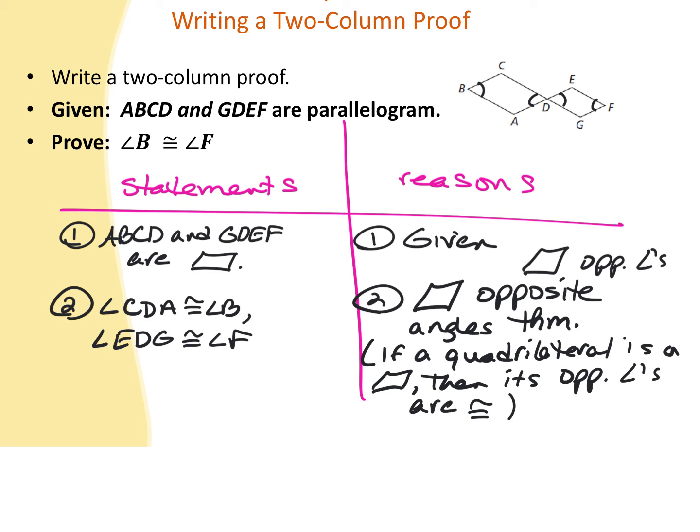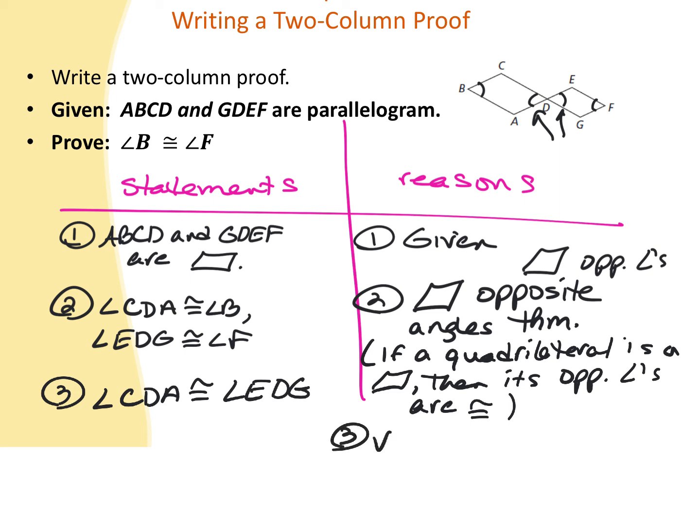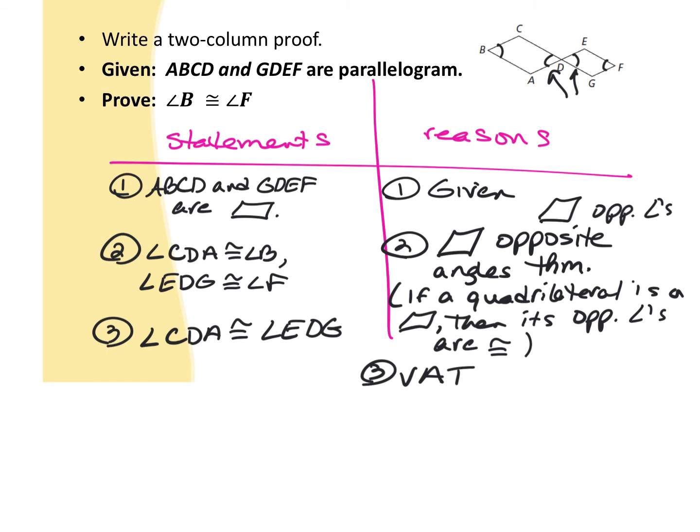Now what we're also going to bring in, notice how I labeled these, is that these vertical angles are congruent. So I'm going to state that angle CDA is congruent to angle EDG. If you would have preferred to state that before and put that as step 2, you could. So you could interchange steps 2 and 3.